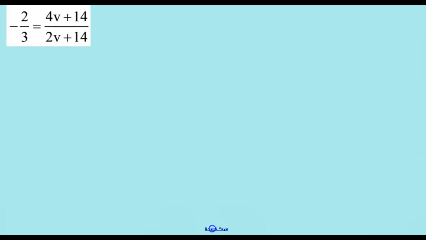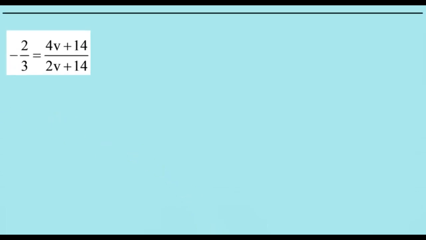Okay, my next problem, I have a proportion. So how I solve these proportions is I'm going to cross multiply. So I'm going to have 3 times 4v plus 14 and 2 times 2v plus 14. Now I just have a negative outside of here, a negative 2/3, so I only need to pick one of those to have it be negative.